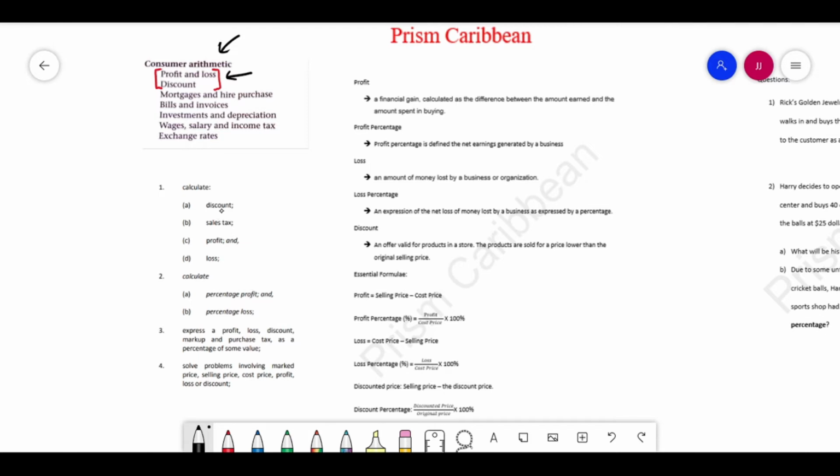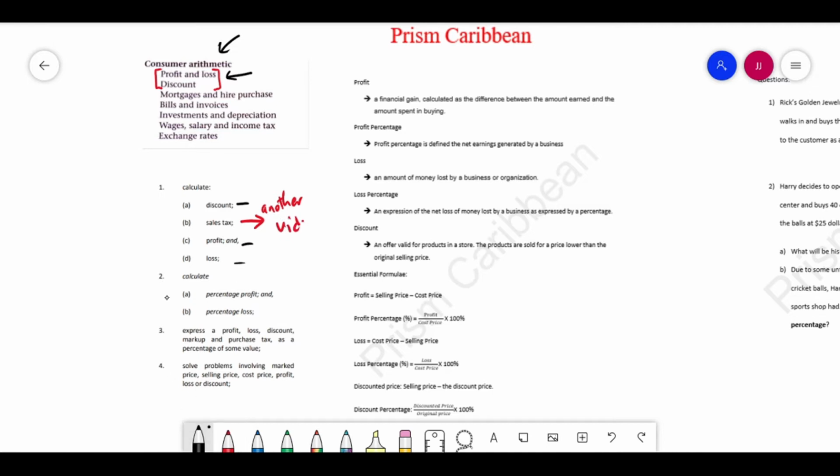So with regards to the syllabus, which can be found on the CXC website, with regards to consumer arithmetic, with profit and loss and discount, you will need to know how to calculate discount, profit, loss, and sales tax, which we'll be doing in another video.